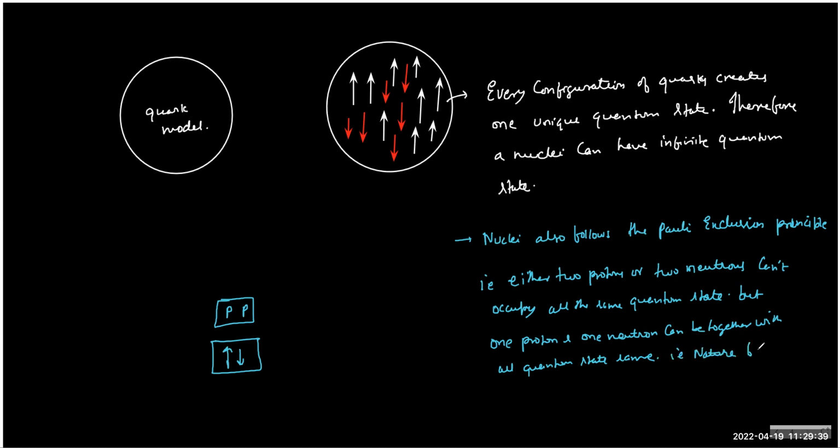If they are living together with all quantum numbers the same, then that is accepted by nature. But if we have two protons, then they cannot have all quantum states the same, so some difference should be there. Because it's very complex, I will not go into detail, because even I don't. So nature will favor the pairing.